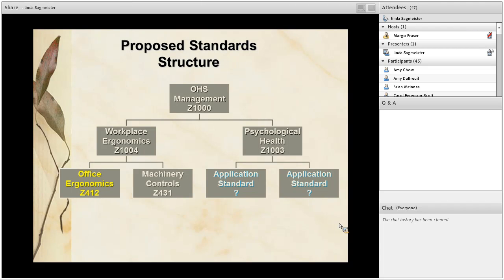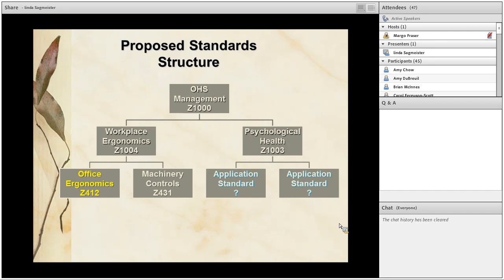In other words, they are meant to be developed with OHS in mind. I know that there are a lot of people who feel that ergonomics is not necessarily a part of OHS, and I can understand that and agree, but in this context, it has to be within the OHS management context because that's what the CSA requested it to be, and that's the context in which they had all of the technical committee members come together.